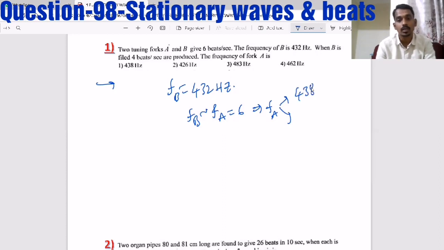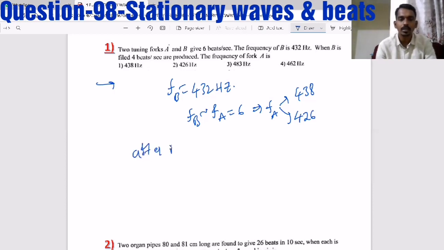It can be 438, plus or minus. Minus, if you do it, 426. Anything is possible. But one tuning fork means only one frequency. So to find what it is, we need one more condition that they have given.